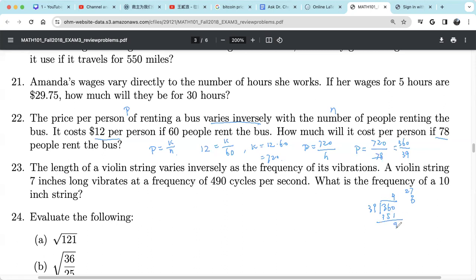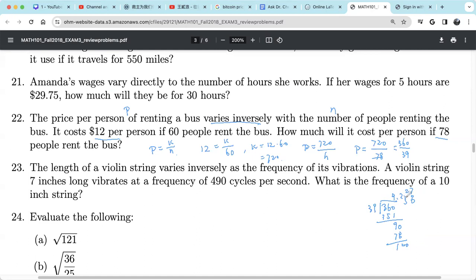So I have 9, 90, I have 0.2. So that would be 78. 12. Let's see if this is bigger than 5. So 120, 120, 90.